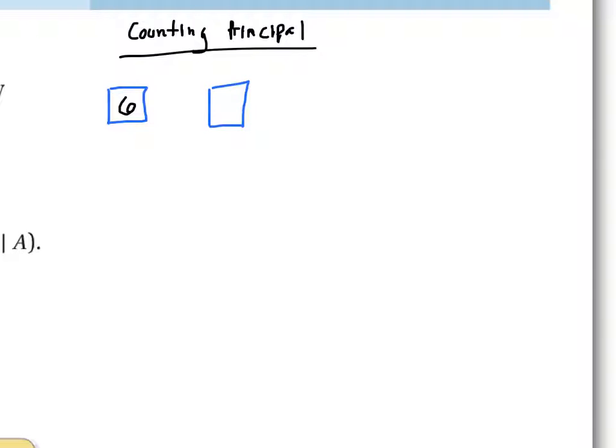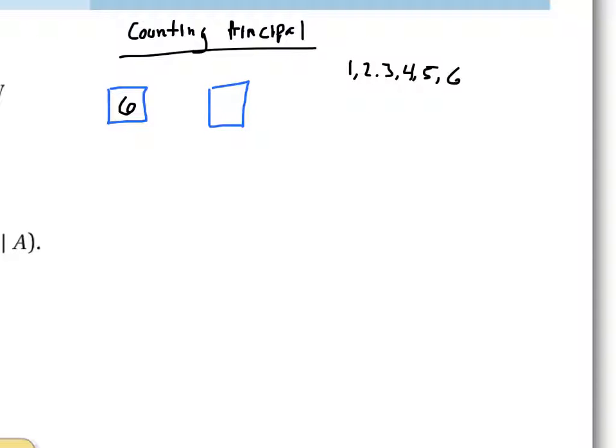The sample space is 1, 2, 3, 4, 5, 6. Don't tell me it's 1 through 6, because if you say 1 through 6, you're telling me that 1.5 is also an option. You're telling me that 2 3/4 is an option. Well, you guys know it's not. The only options are 1, 2, 3, 4, 5, and 6.